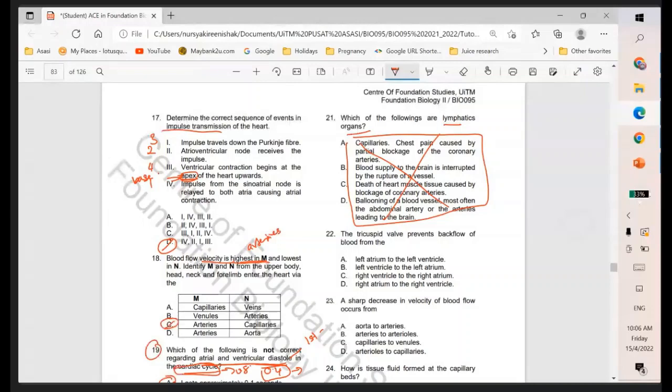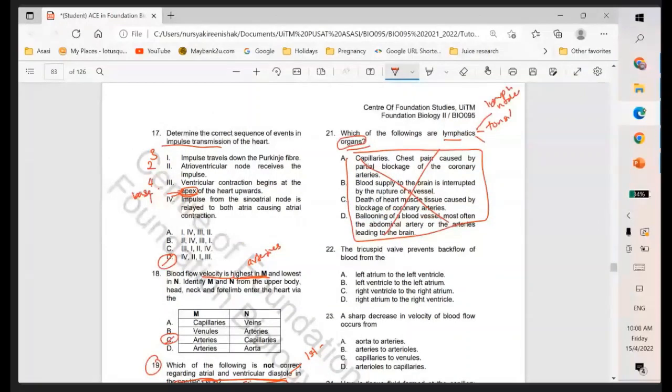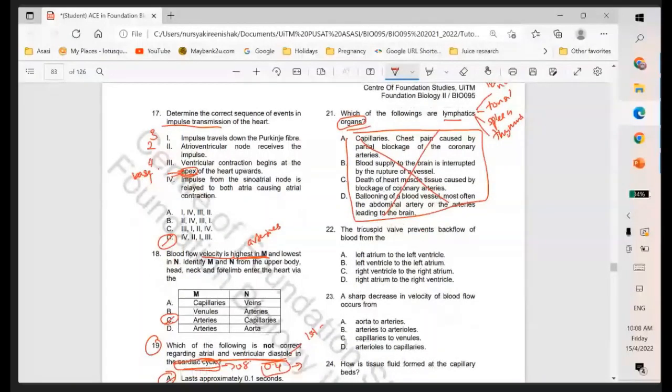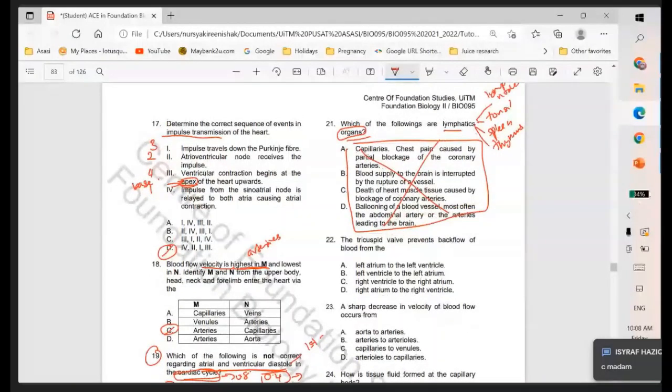Ishraf, 22. Soalan 22. Mic awak tak boleh nak on ke?